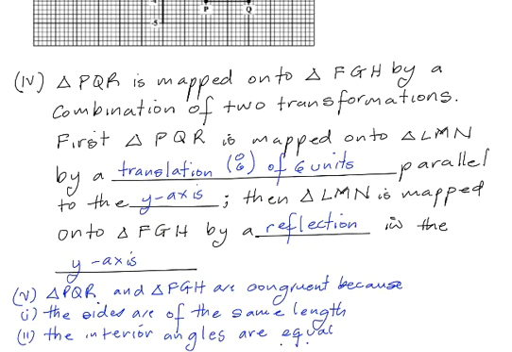So by saying that the lengths are the same and the size of the interior angles are the same, what we're saying is that the 2 triangles have the same shape and have the same size. And if the 2 triangles have the same shape and the same size, we say that the 2 triangles are congruent.